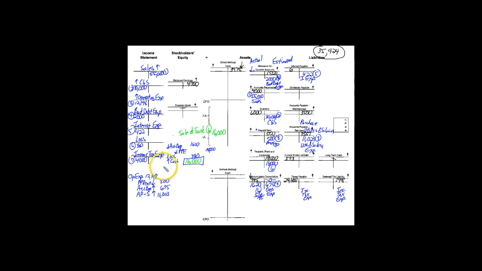Okay, and then the other day, or the other recording I should say, depending on when you're listening to this, we saw we have 2 accounts related to income tax expense. So we are going to break that out like this. Income tax expense, $4,000.